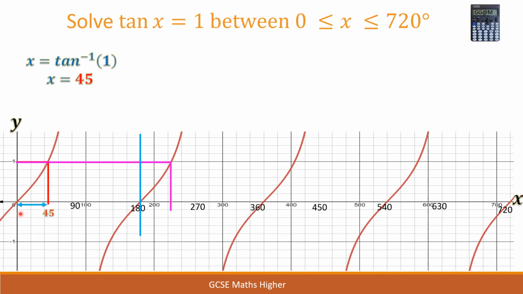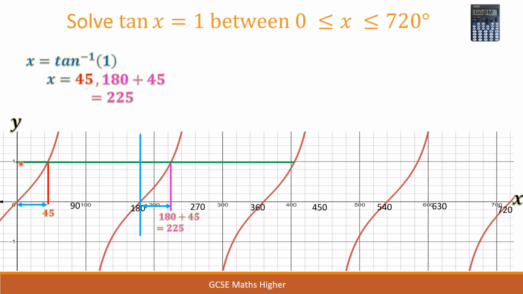The gap between 0 and 45 is 45 degrees, so the gap between 180 and this pink line is also going to be 45 degrees. So to find my second angle on the tan curve, it is 180 plus the first angle, in this case 45, which gives me 225 degrees. So my second angle is 225 degrees.